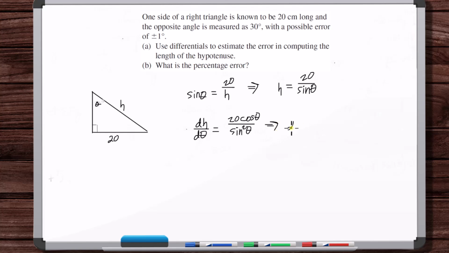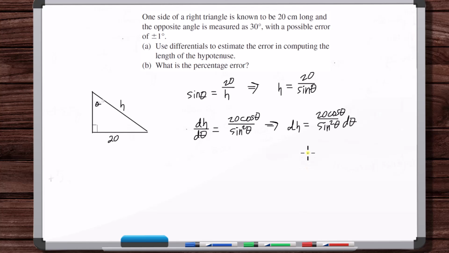Therefore, dH is equal to... so we want to find dH, so we're going to make d theta 1 degree and also negative 1 degree and see what happens with theta equal to 30 degrees.